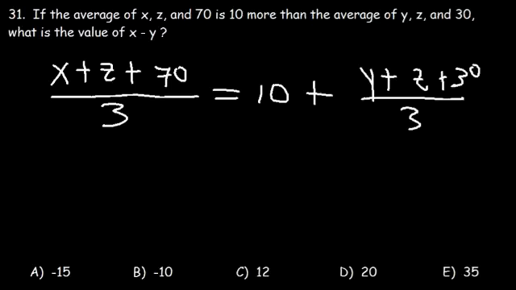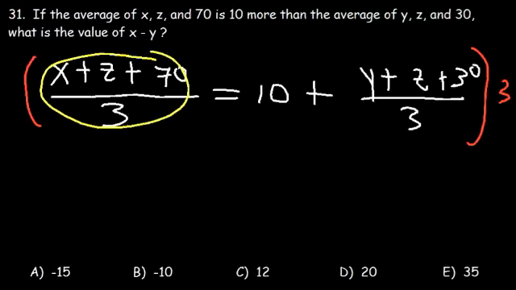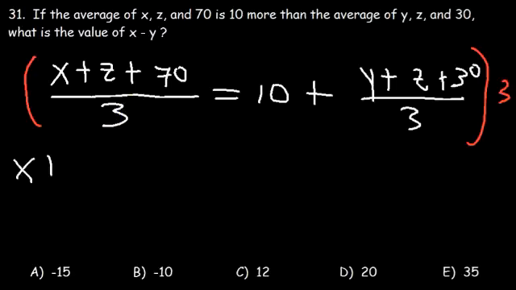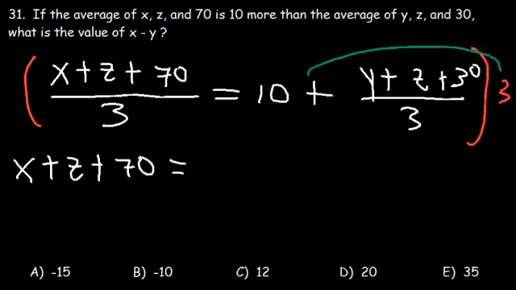So let's multiply everything by 3 to get rid of the fractions. The fraction on the left times 3, the 3's will cancel, and we're going to get x plus z plus 70 left over. Then we multiply the 3 by 10, which equals 30.